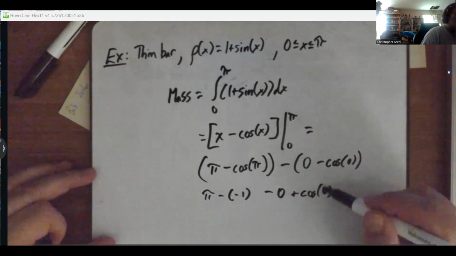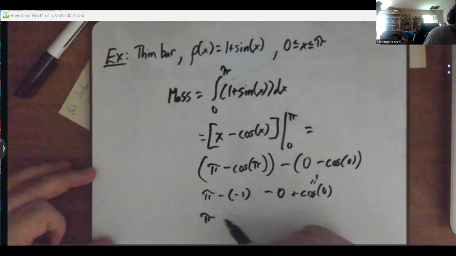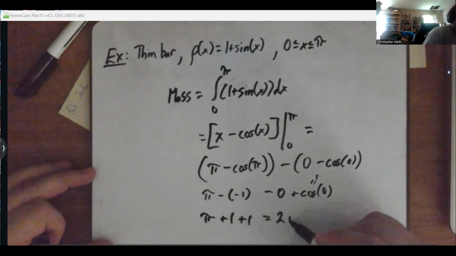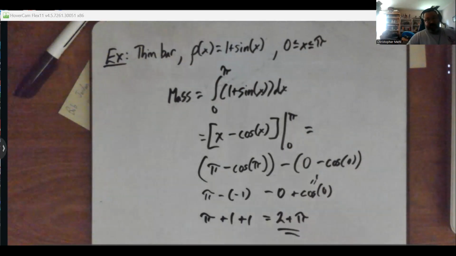Cosine of 0 is 1, so we have pi plus 1 plus 1, so we get 2 plus pi as our mass.